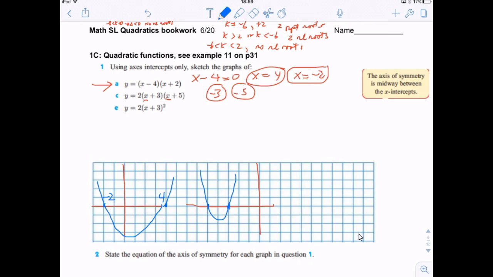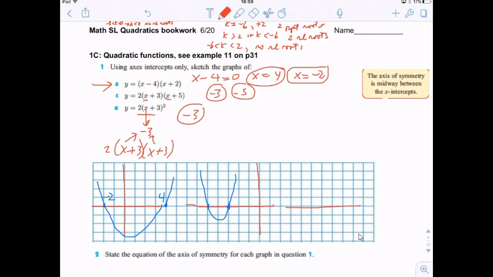And last of all, there's this one here, 2 times x plus 3 squared. So obviously the x-intercept here is going to be negative 3, right? Negative 3, and negative 3. So there's two negative 3's, right? Because it's 2x plus 3 times x plus 3. So there's two identical roots at negative 3, which you might say, well, how can there just be one x-intercept?